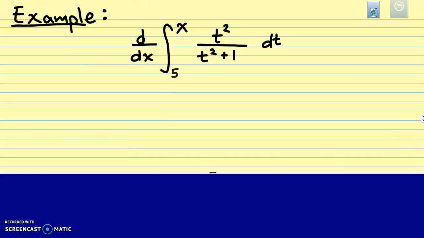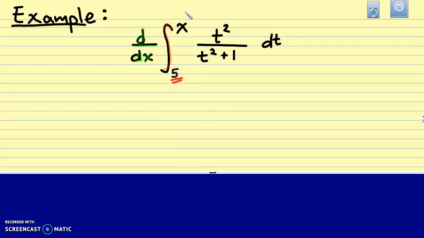So if we look at an example where we are having to take the derivative with respect to x of the integral from 5 to x, notice that we have an a value that is a constant.